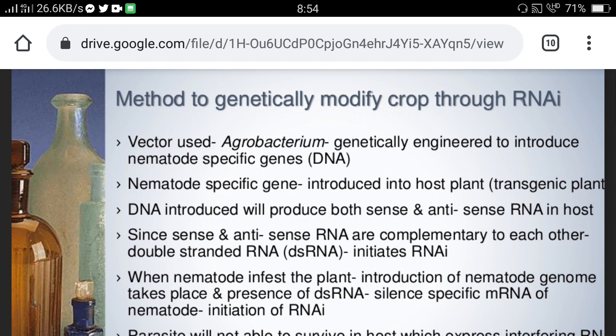Methods to genetically modify crops through RNAi. The bacterium Agrobacterium is genetically engineered to introduce nematode-specific gene DNA. The nematode-specific gene is introduced into the host plant, making a transgenic plant. The DNA introduced will produce both sense and antisense RNA in the host. Since sense and antisense RNA are complementary to each other, the double-stranded RNA initiates RNAi.